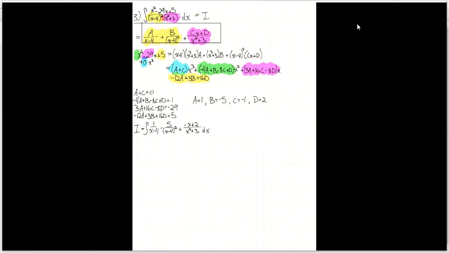So actually, I'm going to go on the next line here, this is equal to, and break up our integrals to each term.